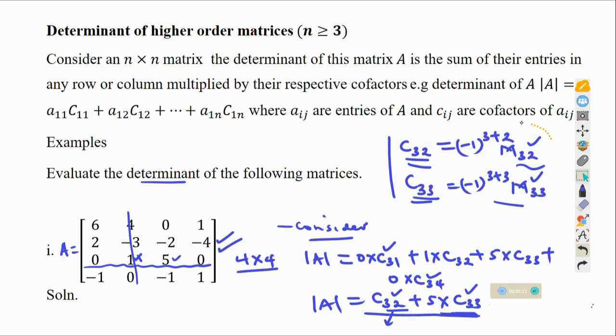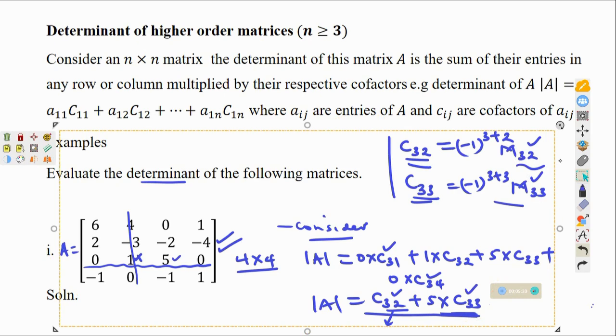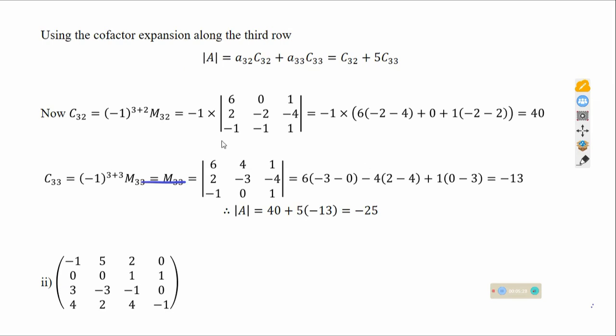So let us look at that. So we are saying that using the cofactor expansion along the third row, that is what we are looking at.